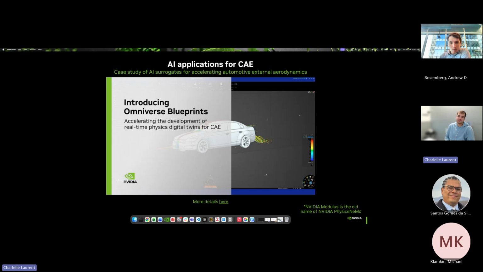Omniverse is not in itself a simulation engine, but it has some interface to Warp, so you can use Warp in Omniverse. But this example you see there uses more the rendering capabilities of Omniverse. So the simulation is performed with PhysicsNeMo.